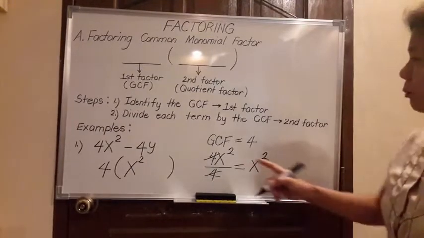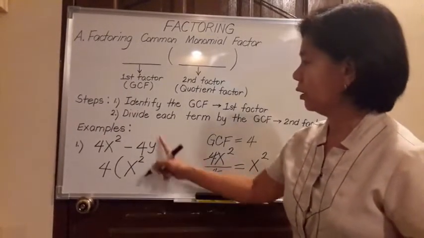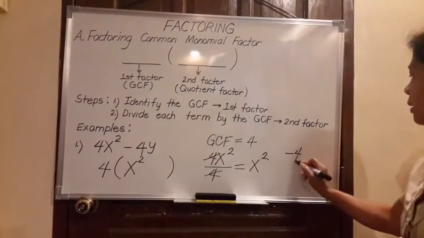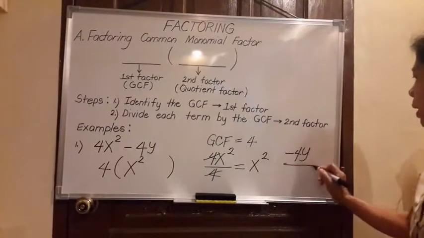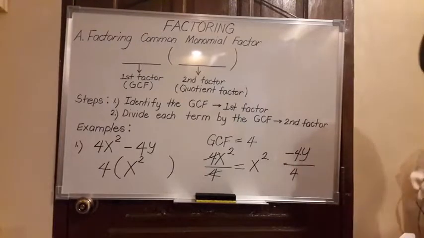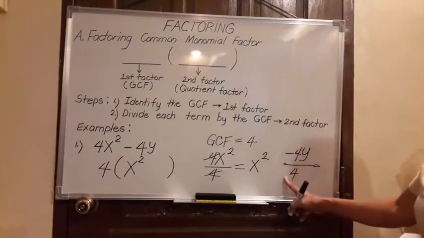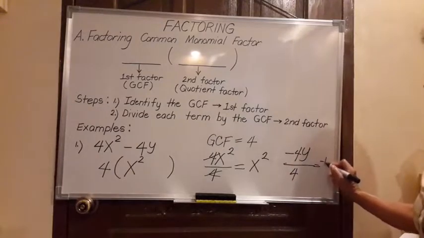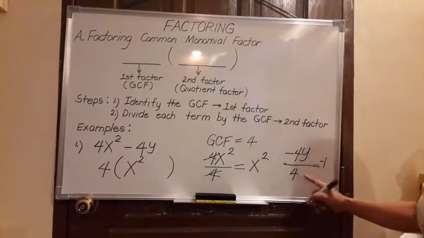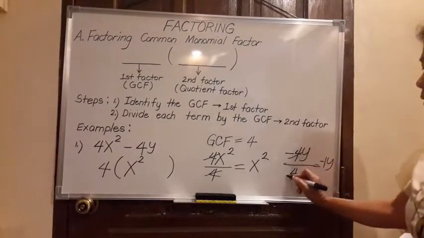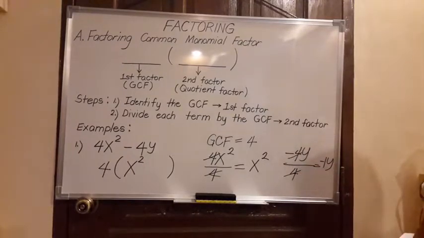For the second term of the second factor, the second term is negative 4y. Divide this also by the greatest common factor, which is 4. Negative 4 divided by positive 4 is negative 1. Then y divided by 1 is y. Or cancel negative 4 and positive 4.